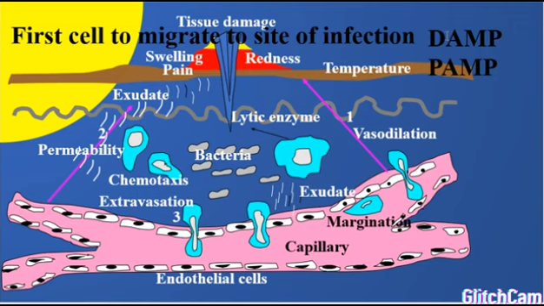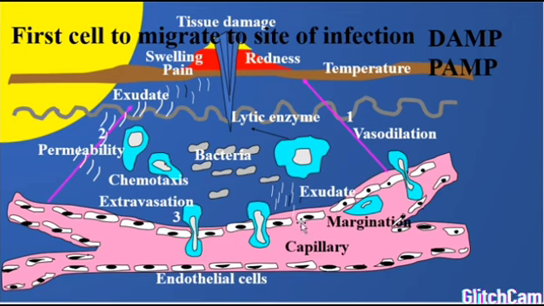damage associated molecular patterns and pathogen associated molecular patterns, and their migration to the site of infection starts by margination. So they bind some adhesion molecules upregulated due to inflammation and infection.